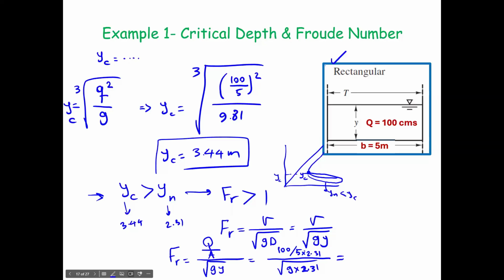One point eight. Yes, 1.8. As you can see, it's more than 1, which is supercritical. It didn't ask you, but I need you to be able to analyze that, because next chapter, you just work on these ones.